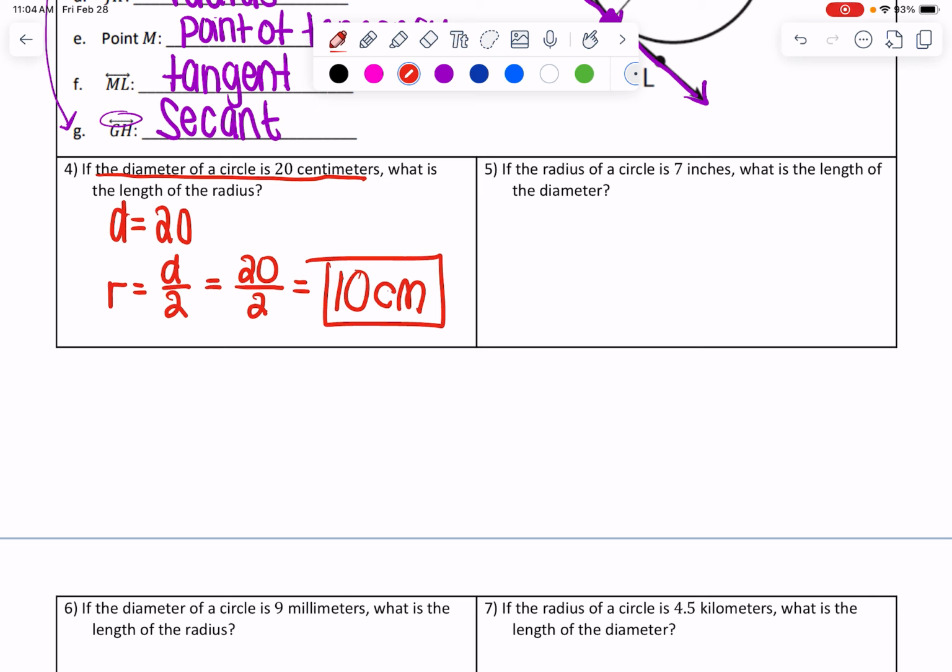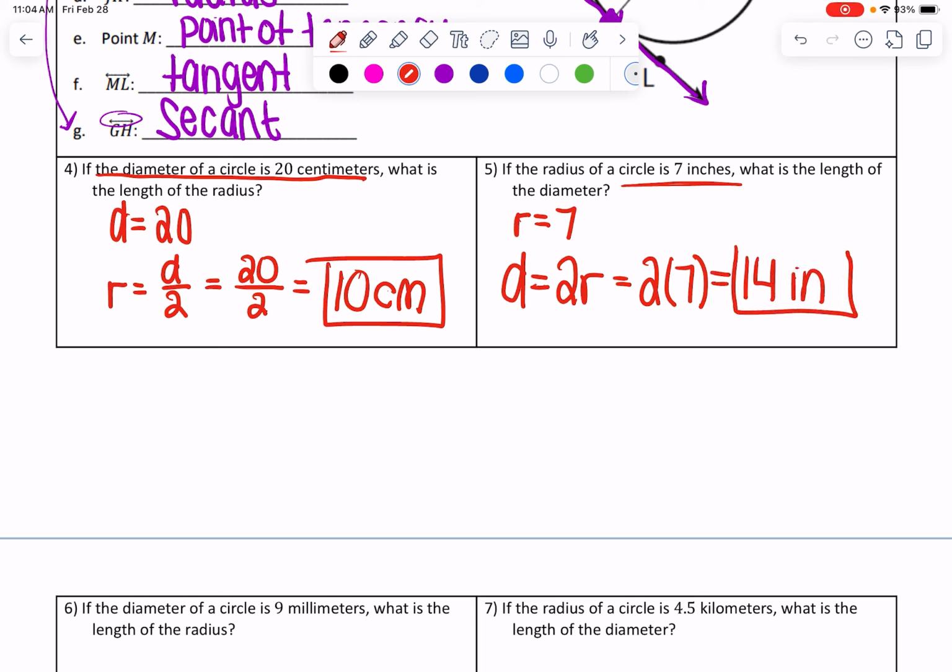Let's reverse it. If the radius of the circle is 7 inches, you're trying to find your diameter. It's a different equation: 2 times your radius. So 2 times 7 is 14, and that would be inches. We're basically either dividing by 2 or multiplying by 2.